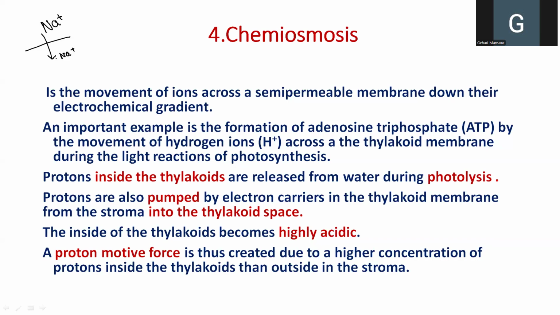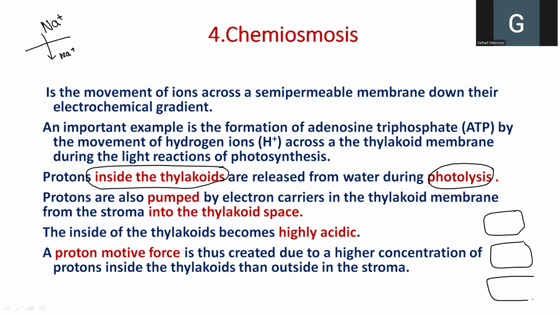Water is present inside the thylakoid, so protons are generated inside the thylakoids through the process of photolysis. If you have the grana like this, the piles of thylakoids, and you have the stroma all around, you first have protons that result from photolysis, or splitting, of the water present inside the thylakoid.